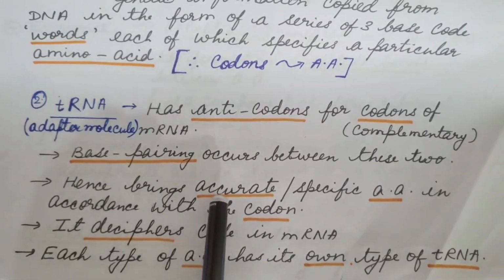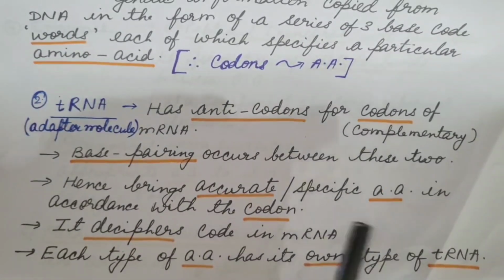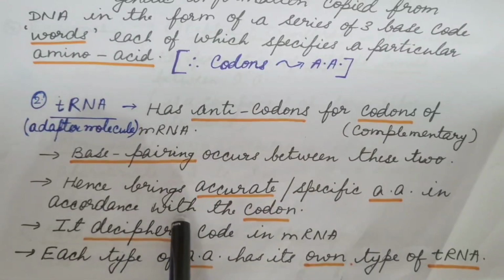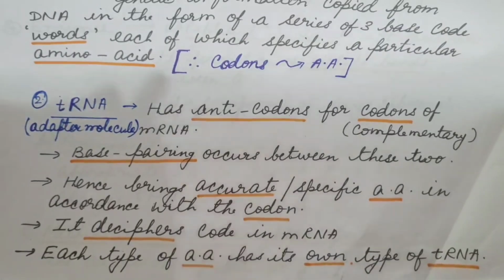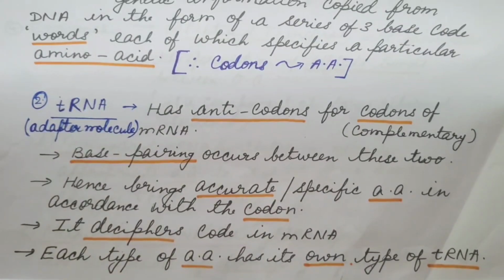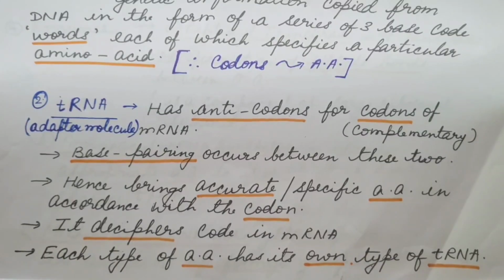Hence, it brings the accurate or specific amino acid in accordance with the codon. It deciphers the code in messenger RNA. Each type of amino acid has its own type of transfer RNA, which binds it and carries it to the growing end of a polypeptide chain or protein.